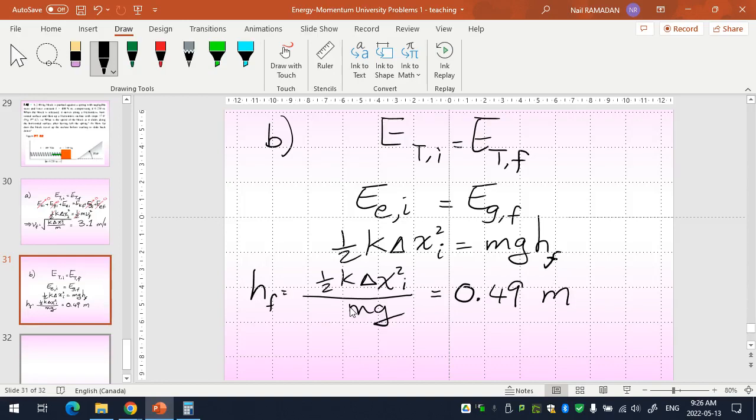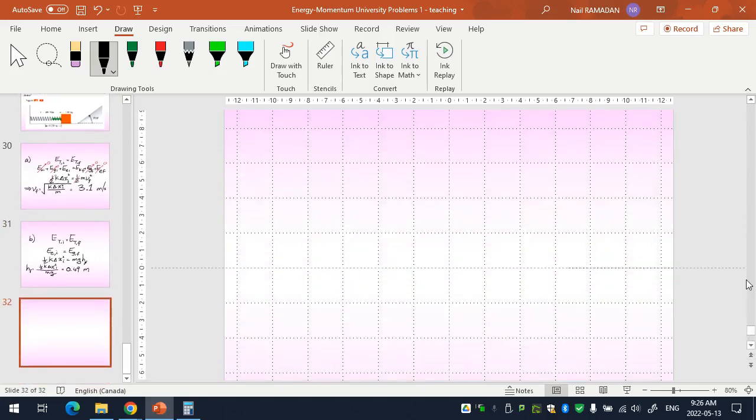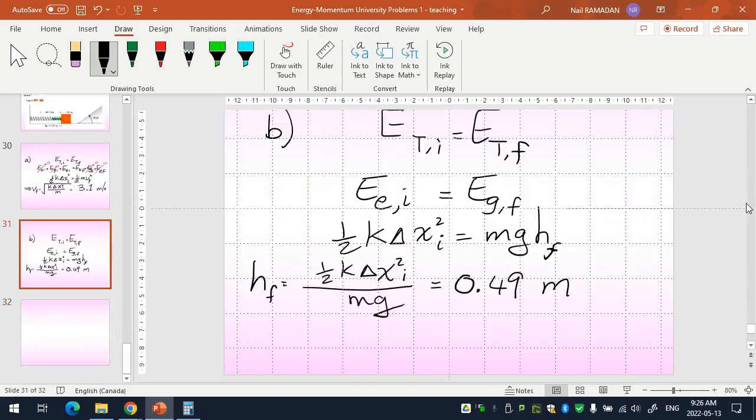But I want to know how far it stops. What should I do? It's a right triangle. All ramps are right triangles. So let's sketch a quick right triangle.